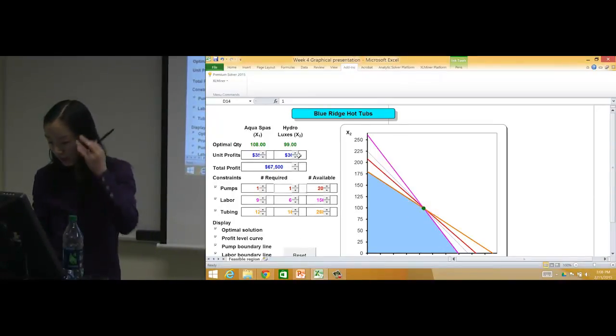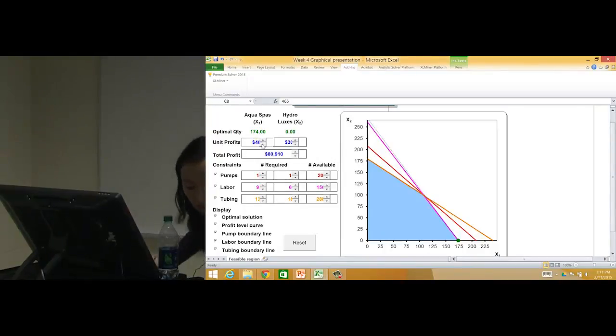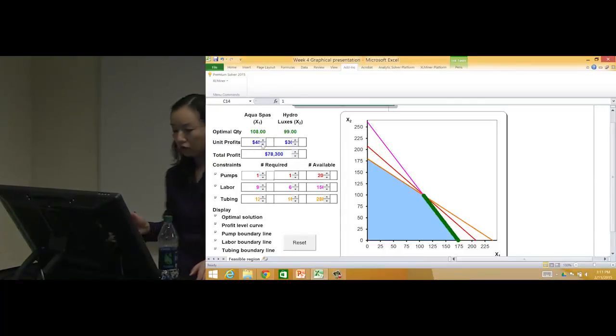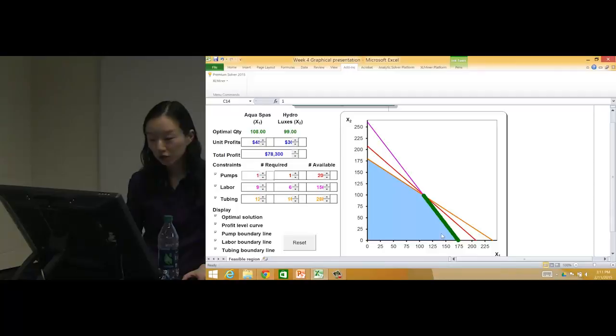Let's just put the 450 here. When it changed from 350 to 450, the optimal solution changed from this one point to this entire line. And we talked about that, that's an alternative solution, right?